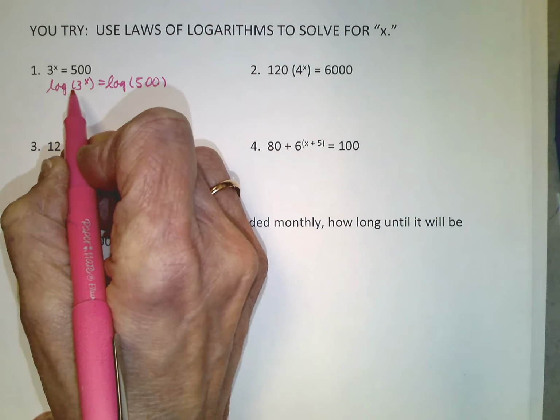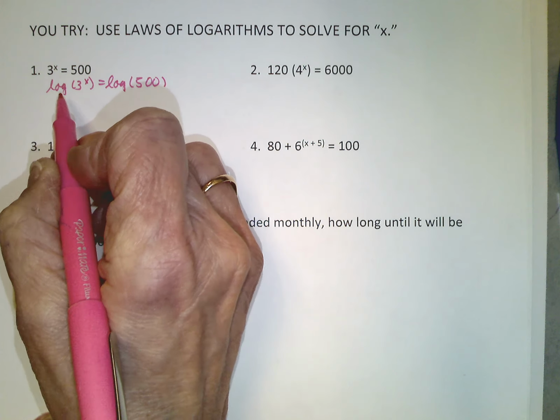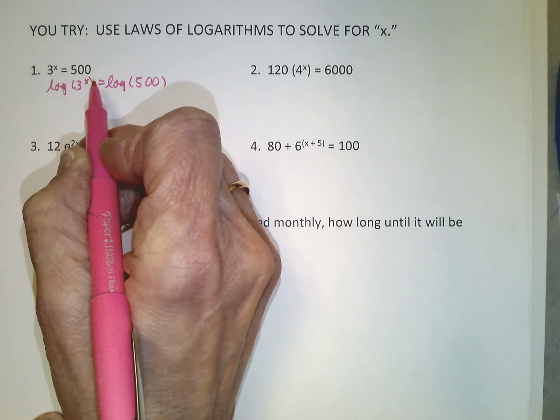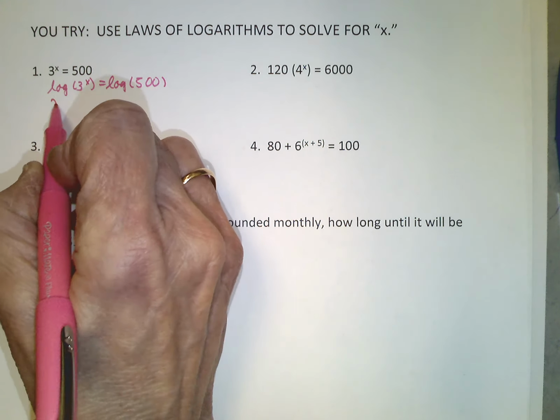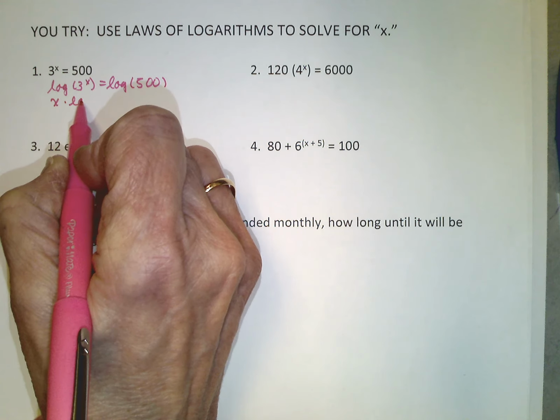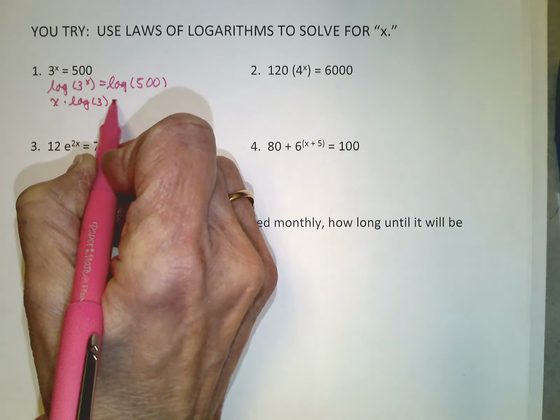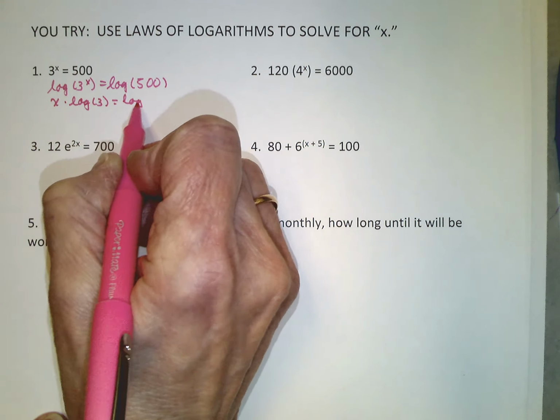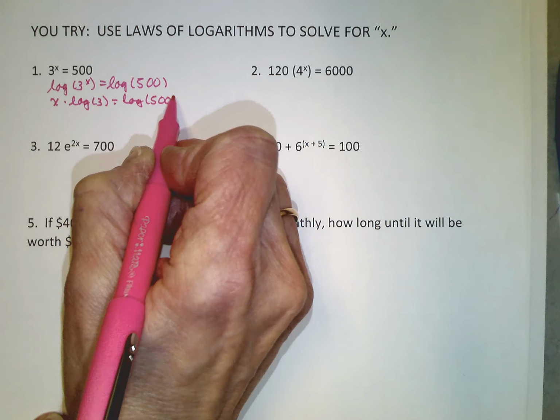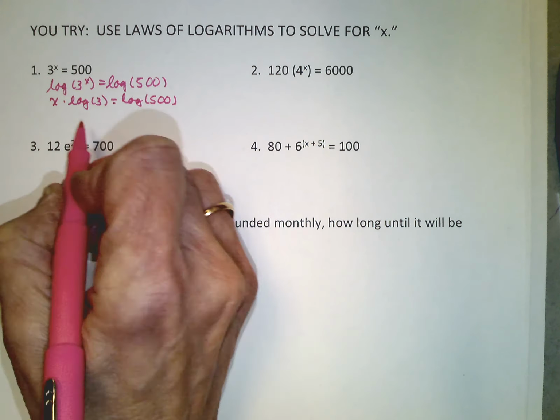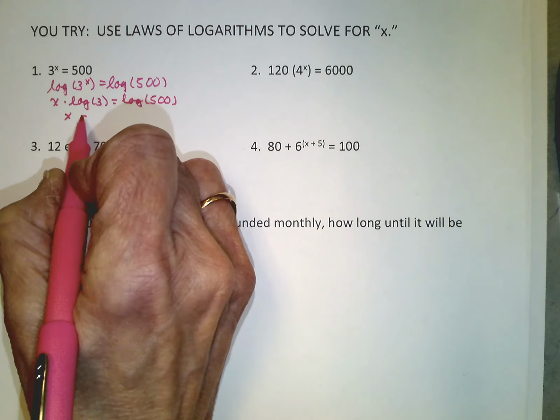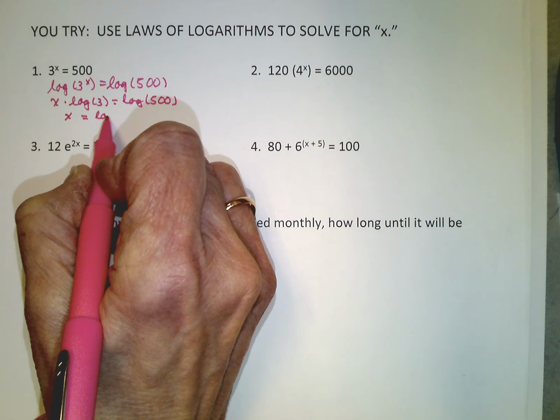And we can rewrite this side as multiplication because we are taking an exponent of a power, so that it becomes x times the log of 3. It's going to equal the log of 500. To get x by itself, we divide both sides by the log of 3.